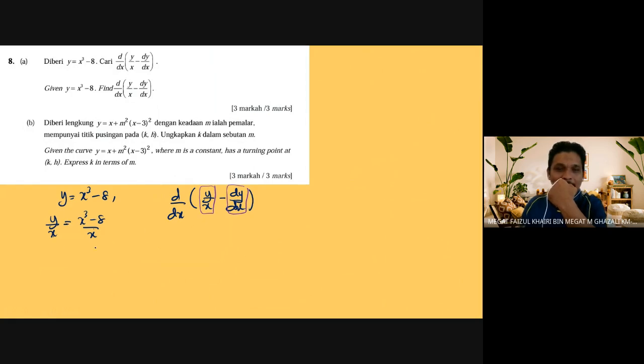This is the first one. And then we also need to find dy/dx, which is the derivative of x cubed.